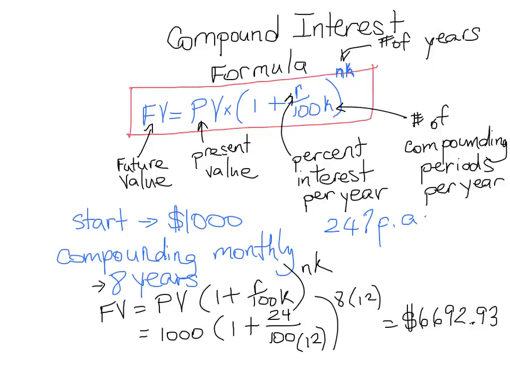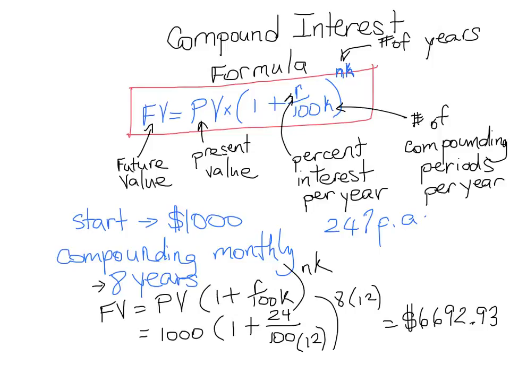Suppose instead the question didn't say how much money do you have at the end, but it said how much money did you make, or what was the interest earned. If it asks for the interest earned, that means it's really asking how much extra money do you have. You walked into the place with $1,000, you walked out with over $6,000. How much extra do you have? So in this case, if it's asking for interest, you will have to subtract.